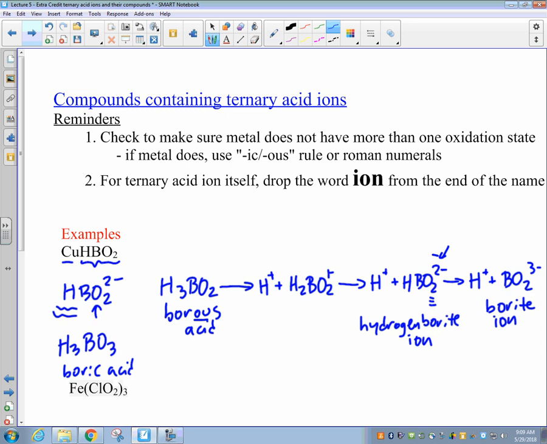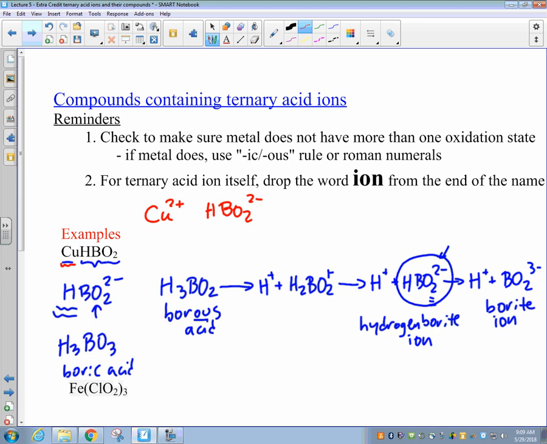And at this point, we're now ready to go ahead and complete the naming of our compound. Recognizing that the ion HBO2 has a -2 charge, that implies the charge on the copper ion to make a neutral molecule overall must be +2, since the sum of the charges has to equal 0. Therefore, the ions we used to make this were Cu2 positive and HBO2 2 negative.